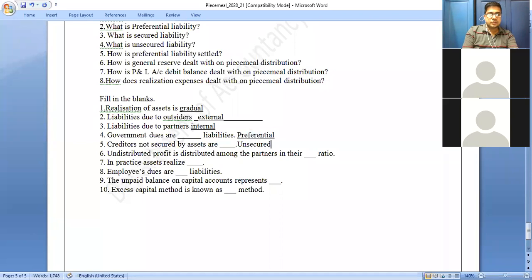Answer is unsecured. Undistributed profit is distributed among the partners in their profit sharing ratio. Answer is profit sharing.